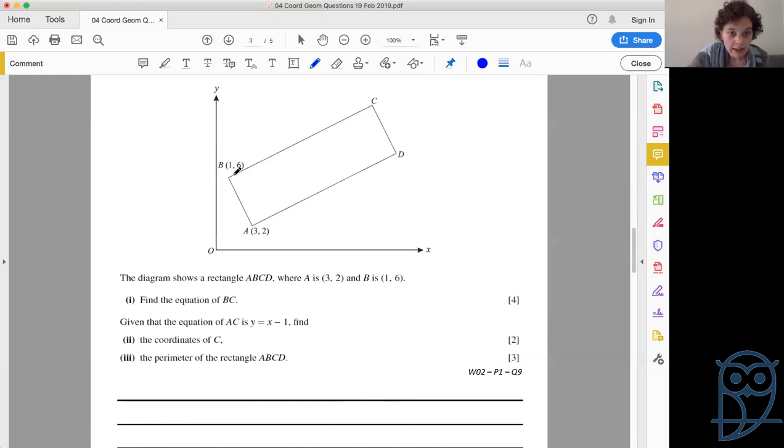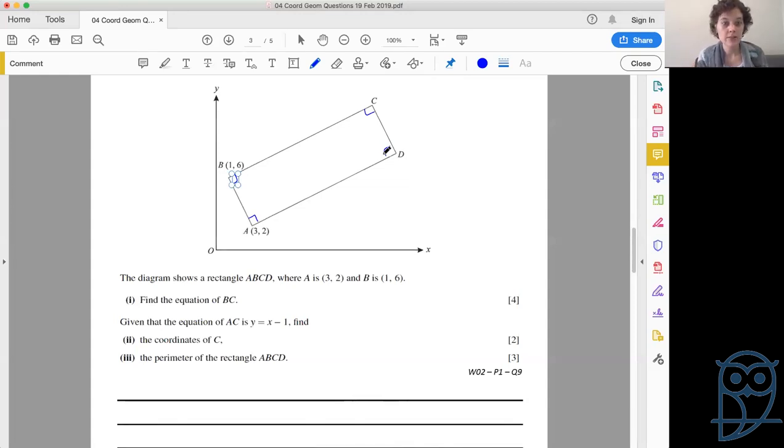Rectangles have right angles. So put them in. Because when you see right angles, you're triggering perpendicular gradients. So that is why they've left them off. Because they don't want to trigger that perpendicular gradient. They want you to think. So if you see it says rectangle, then we've got 90-degree angles.